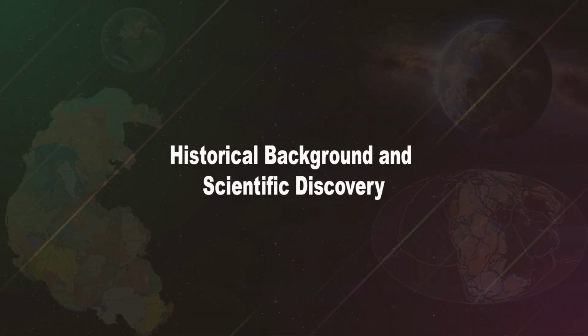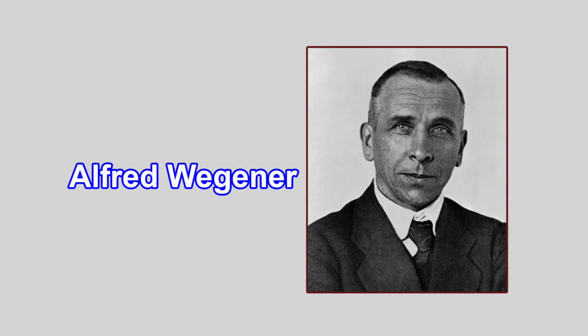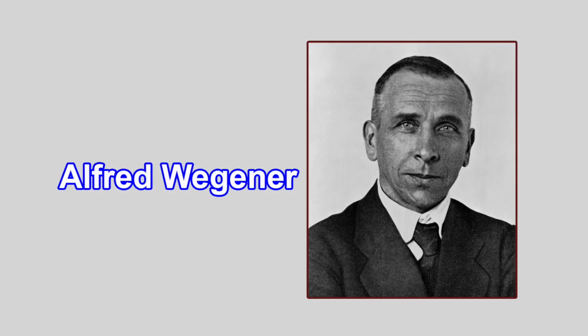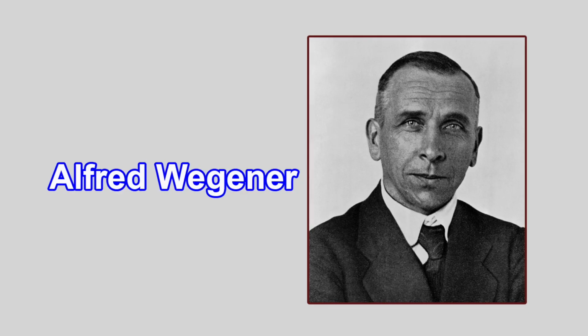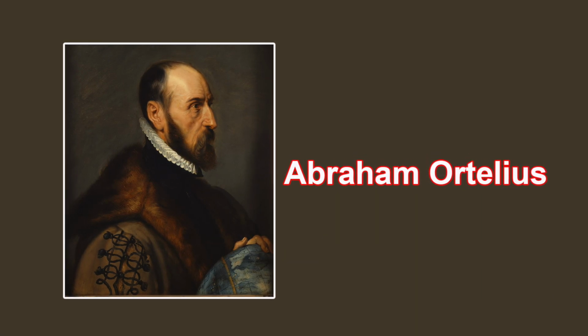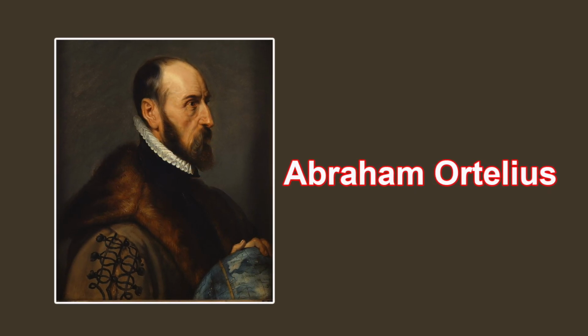Let us have a discussion on the historical background as well as the scientific discovery of Pangaea. The concept of Pangaea was first rigorously proposed by Alfred Wegener, a German meteorologist and geophysicist, in 1912, while earlier thinkers like Abraham Ortelius speculated that continents had once fit together.